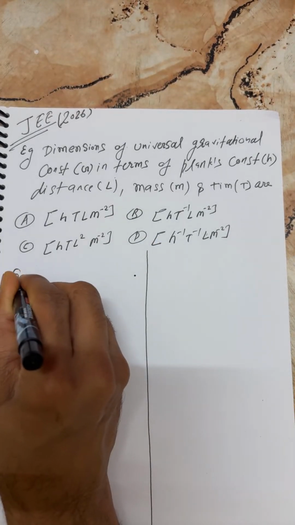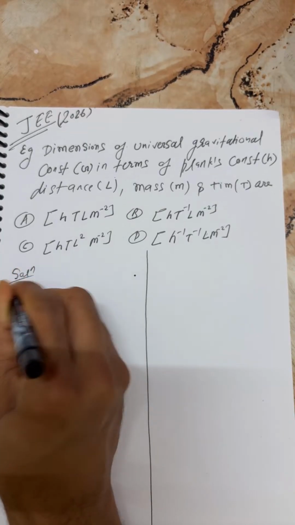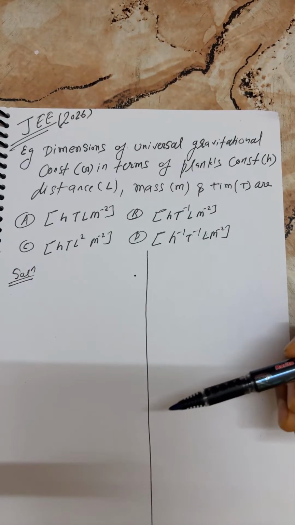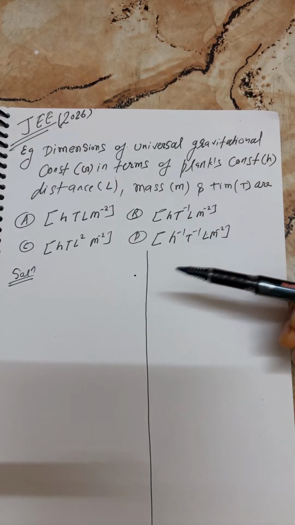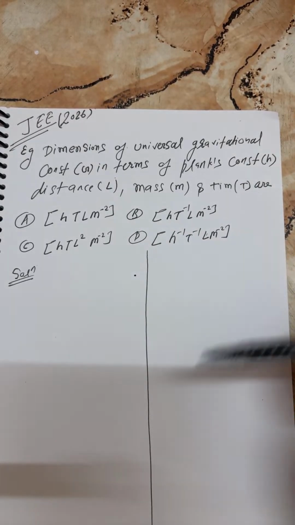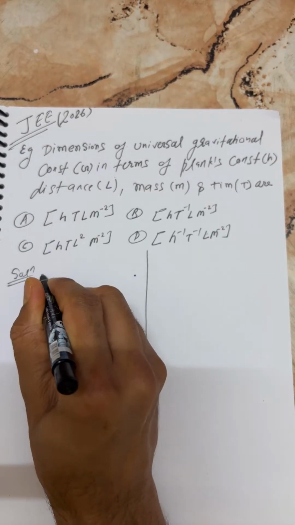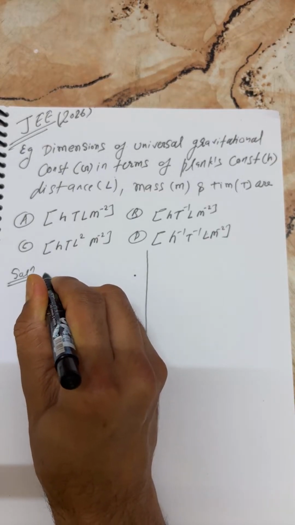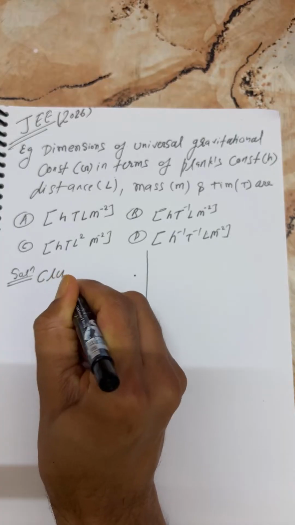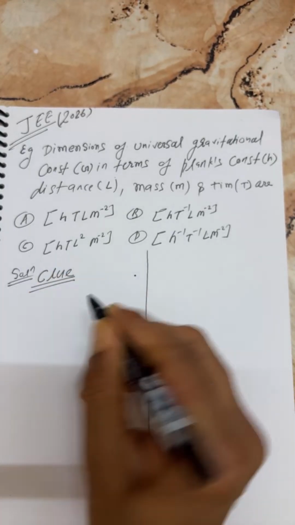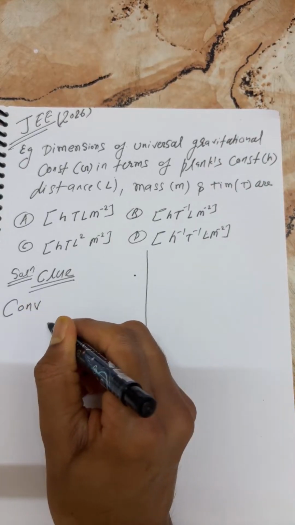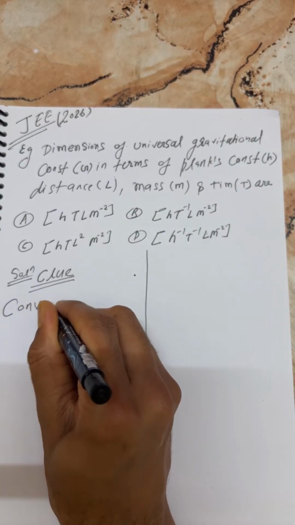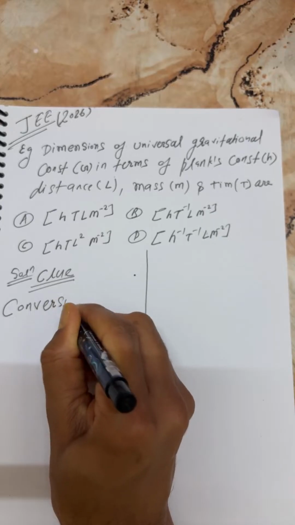So have a look at the solution. Beta, yesterday, if anyone was in the live stream classes or recorded ones, I already uploaded. Everyone knows, beta, what is the crux? What is the clue for the question here? So this clue is what? You must be aware of conversion of units, which I nicely explained.